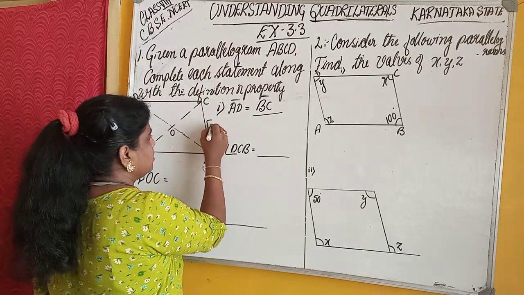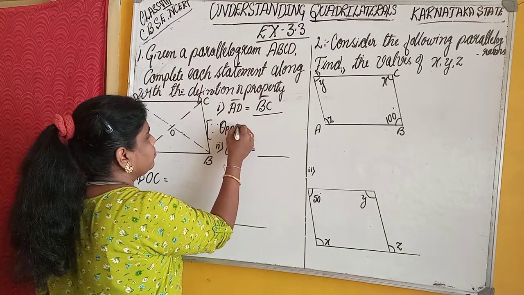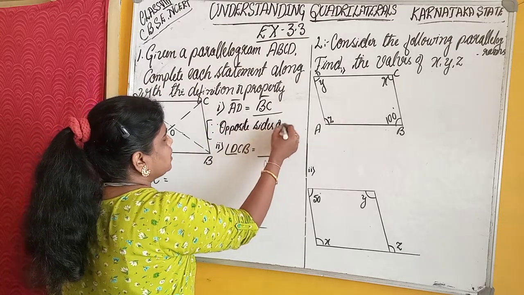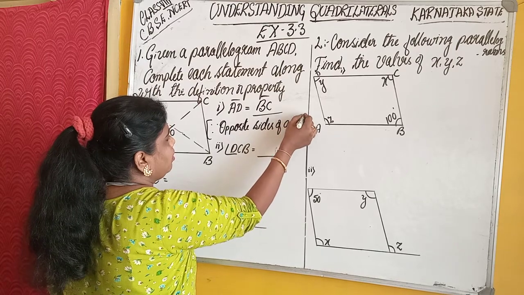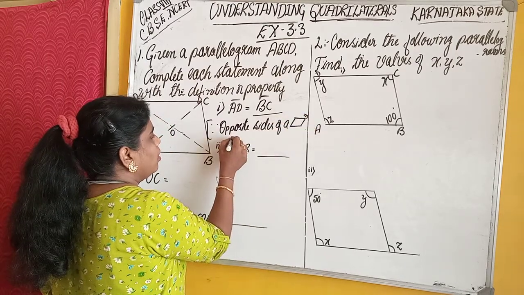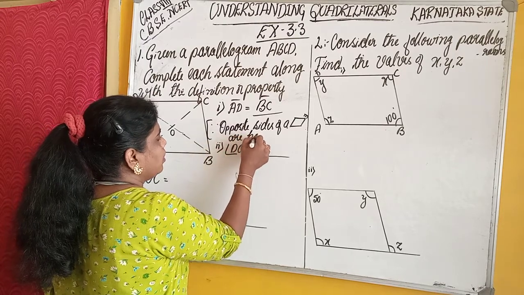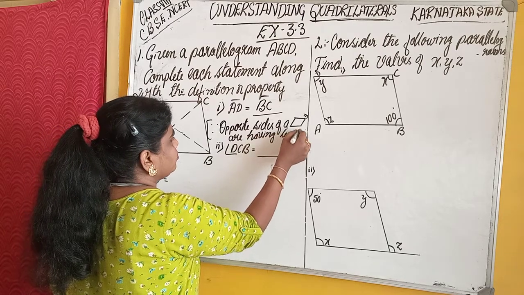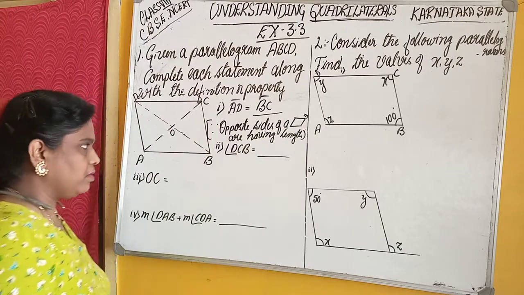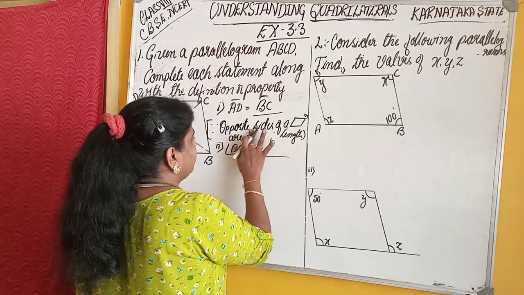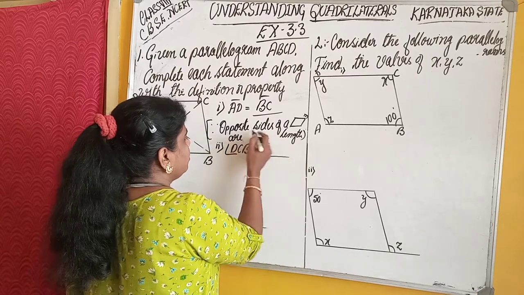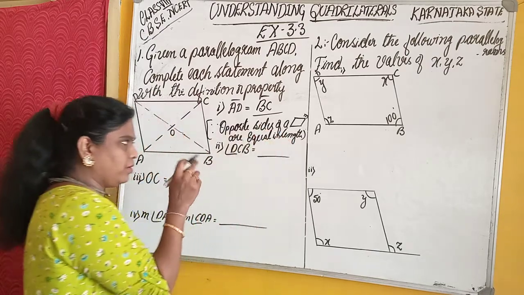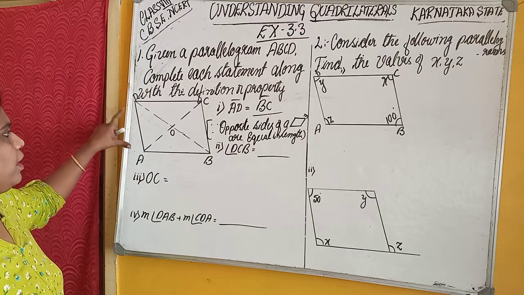The reason is, these are opposite sides of a parallelogram, and opposite sides of a parallelogram are equal in length. Okay, therefore AD is equal to BC.